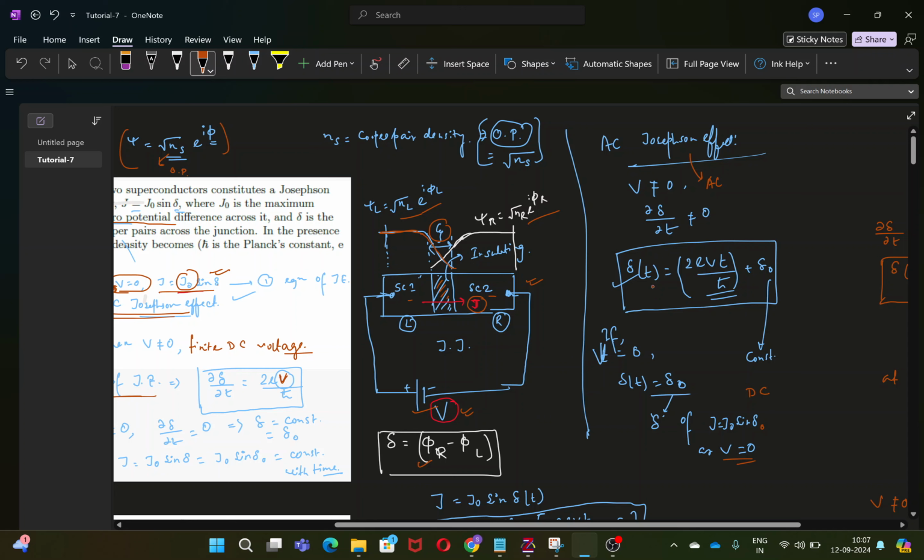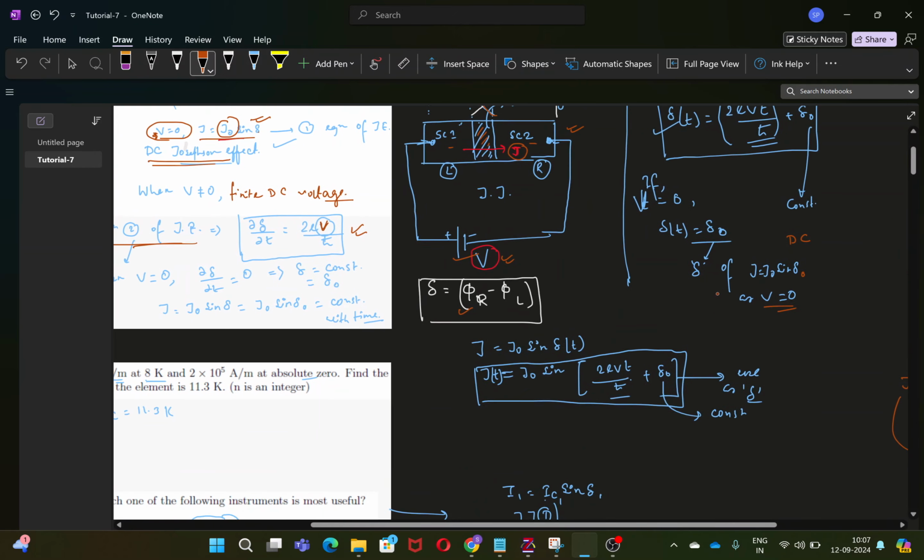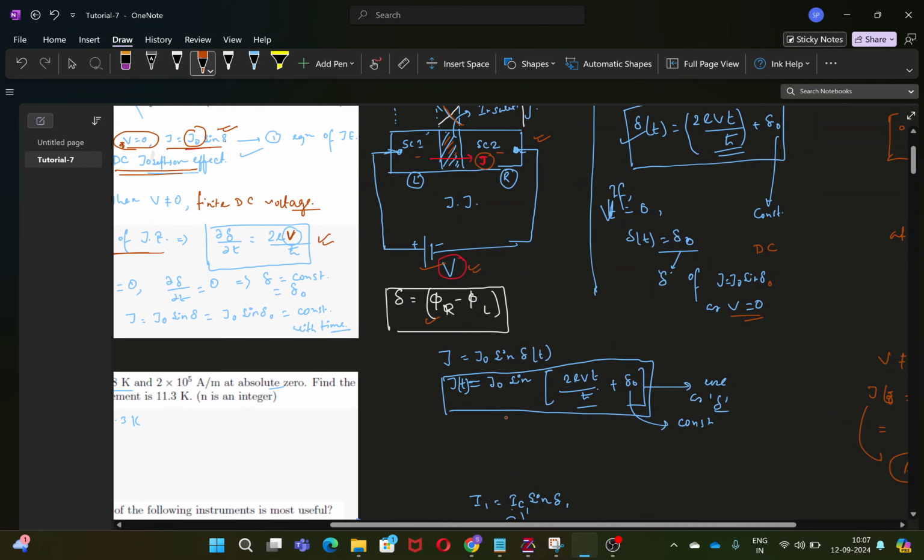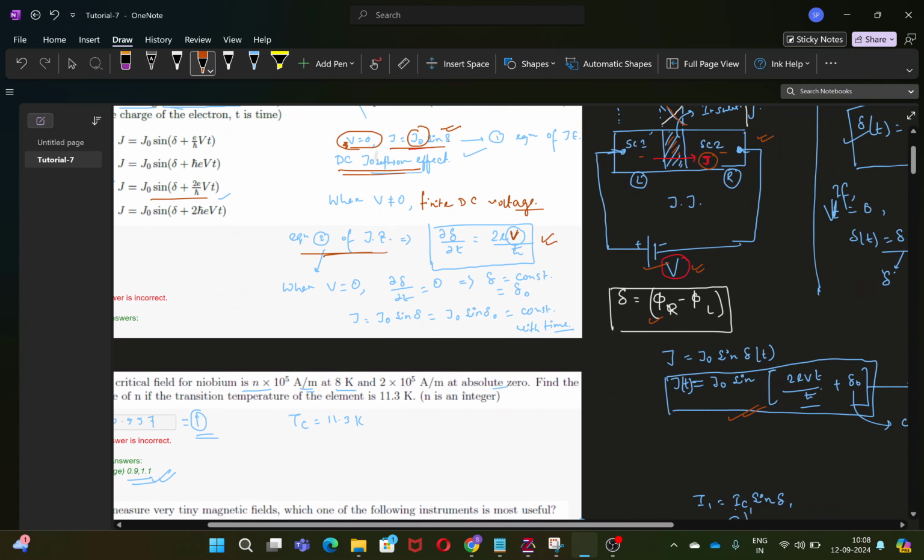Why AC? Because your del delta by del t part is non-zero now, so it has a finite value, and once you integrate, you get a time dependent term that is modifying the net phase difference delta. If you substitute the delta now in J equal to J naught sine delta, you will get a term like this, where delta has a time dependence. So the entire tunneling current has a time dependence. That is why you are calling it an AC Josephson effect, because the current you are getting is alternating over time.